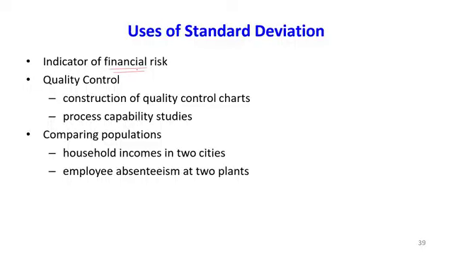Even in quality control, somebody wants to maintain good quality standards. So they will capture the data every day, or every minute, depending on the rate at which they are manufacturing the products.